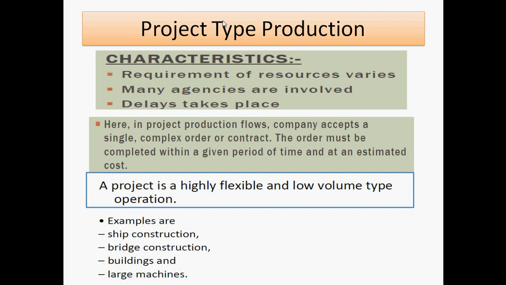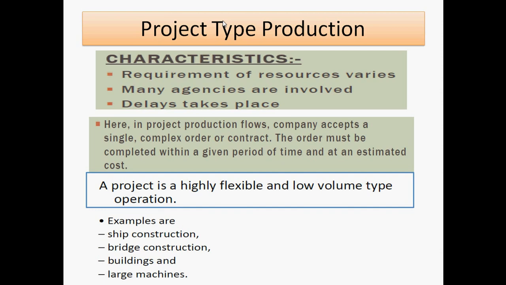So here we are discussing more and more about the manufacturing system. Firstly, we discuss the manufacturing system. There are two parts: intermittent as well as continuous. In continuous, we discuss process production as well as mass production. In the intermittent production system, we discuss batch type production, job shop production and project type production.